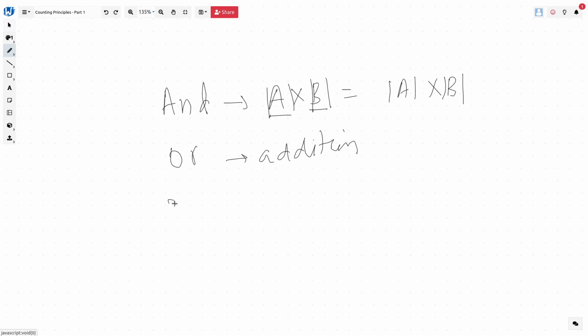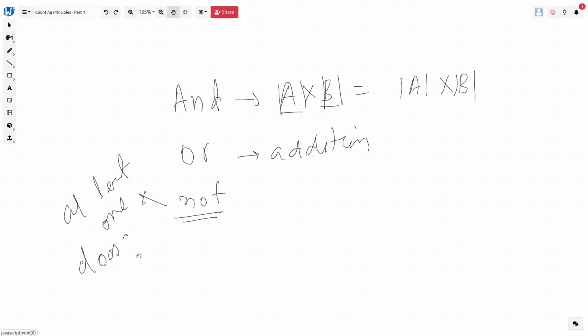and "not". So we have found a few examples, like "at least one" and "doesn't have".